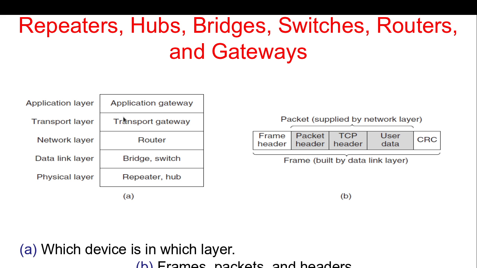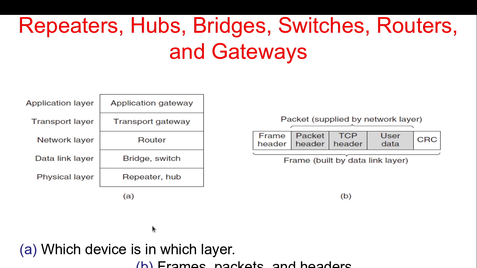Gateways are also devices used to connect different networks, but the difference between bridges and gateways is that bridges are mostly concerned with the hardware, and gateways are concerned with both hardware and software. They manage the differences between the hardware and software, so they are basically communicating in terms of the transport and application layers.